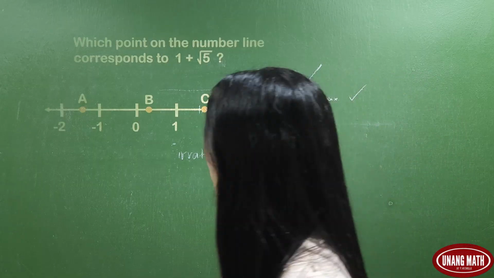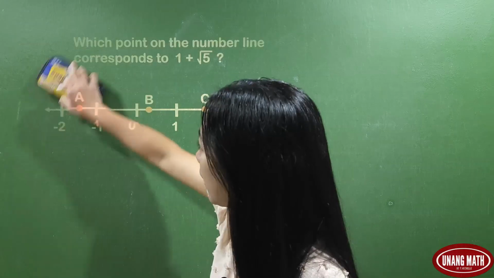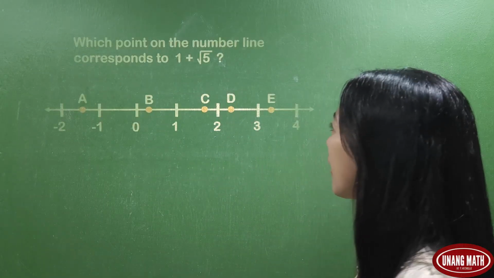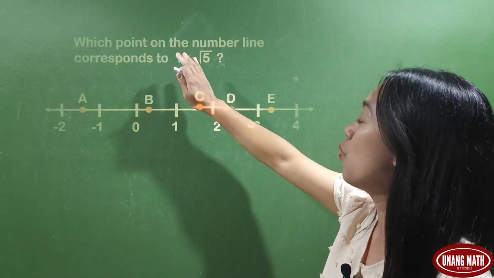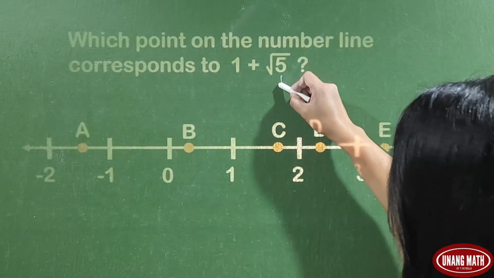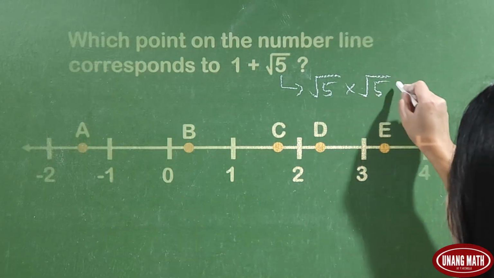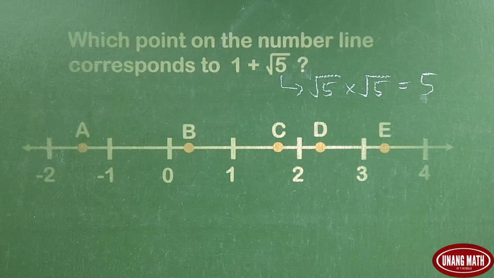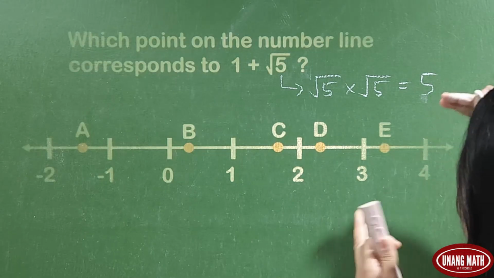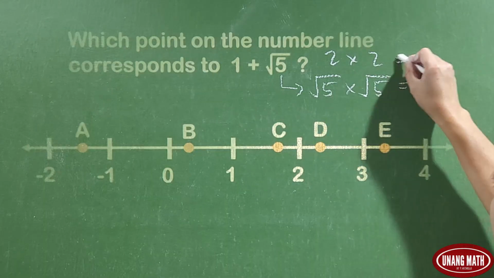Okay, this time we will be solving these simple questions. And the first one is, which point on the number line corresponds to 1 plus the square root of 5? Okay, if it's square root of 5, this means square root of 5 times square root of 5 equals 5. Okay, now we will find the near number. If it's 2 times 2, then this is 4.